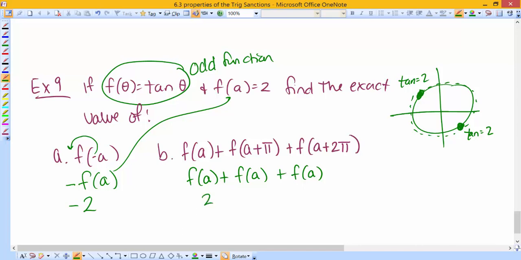So f of a is 2, f of a is 2, f of a is 2, and my final answer is 6. Again, sine and cosine, it must be 2 pi. If it is pi, then it will be negative. And I will discuss that more in class tomorrow. Or I will have discussed it today. If you're watching it tonight, please write down any questions and be ready with them tomorrow.